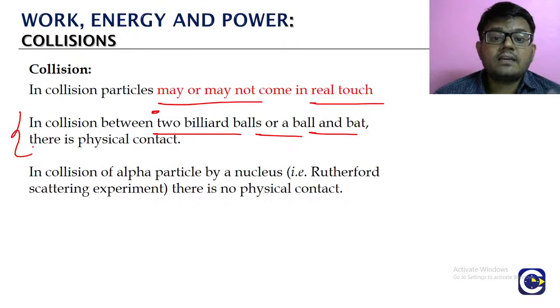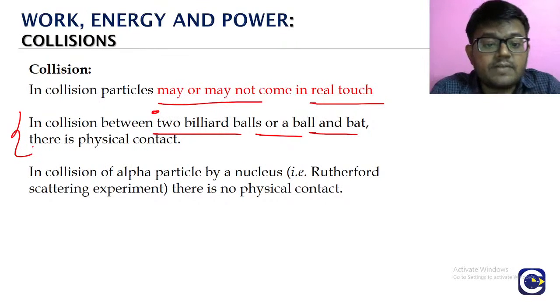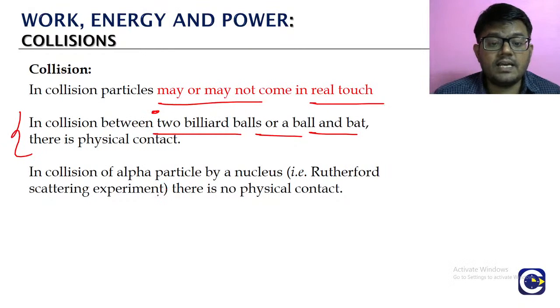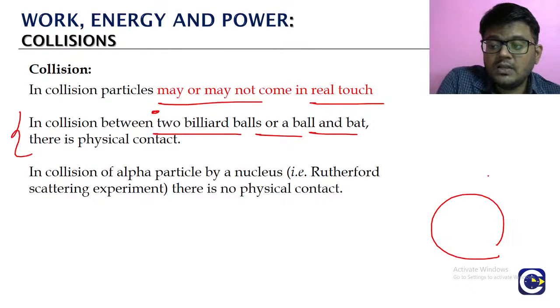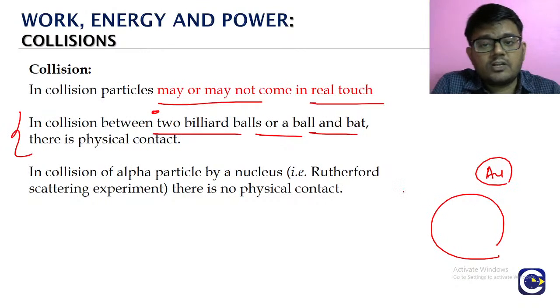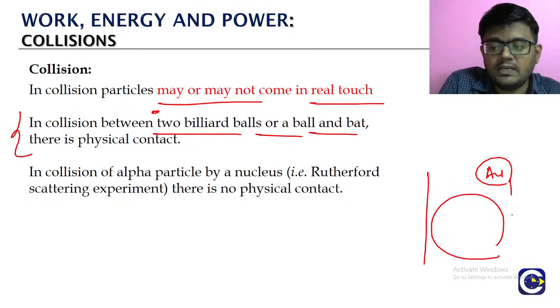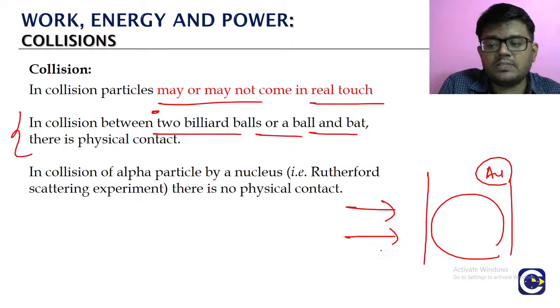But there can be other types of collisions where the real physical touch might not be there. You would already have studied this in chemistry, in the atomic structure chapter, Rutherford's alpha ray scattering experiment. Taking the atom of a very high atomic mass element like gold, Rutherford took a very thin gold foil and bombarded it with alpha rays.